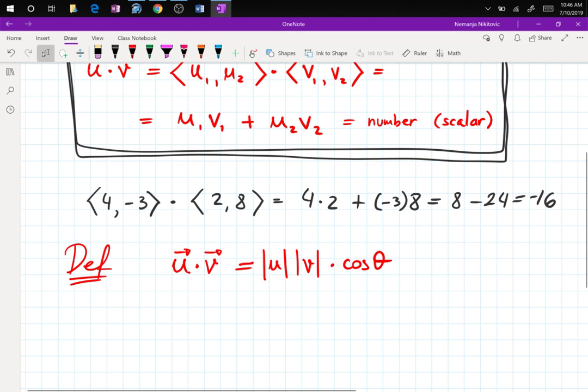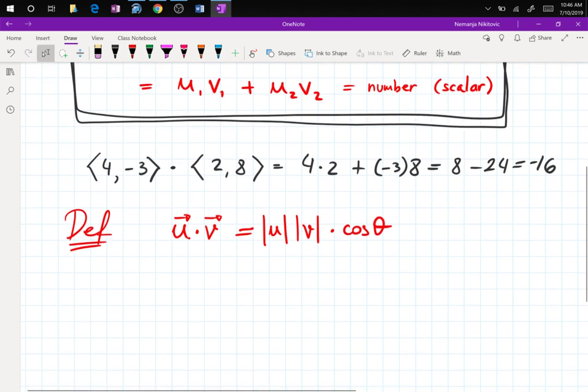You guys can transform this formula into a formula which calculates angle between two vectors, which is one of the formulas that you need to know. And that formula would be theta equals inverse cosine of u dot v divided by magnitude of u, magnitude of v.